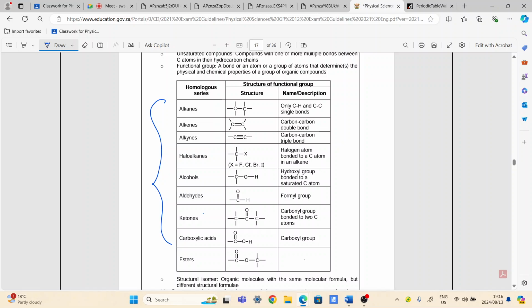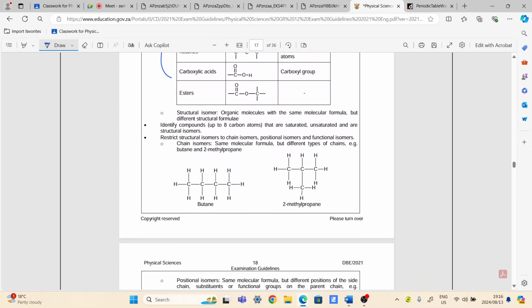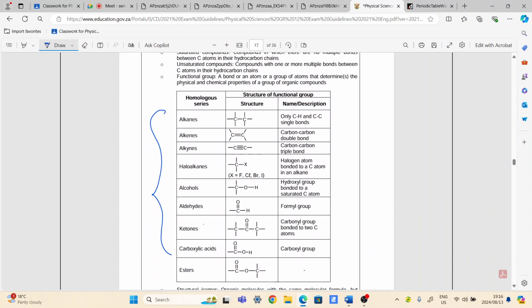There's a lot of questions that are related around this. There's a lot of 1 or 2 mark questions related to this table that you can get easy marks for in the multiple choice section and in the first few questions of the paper when it comes to chemistry. So knowing your alkanes, alkenes, alkynes, alcohols, ketones, etc. Make a note that this table is important.